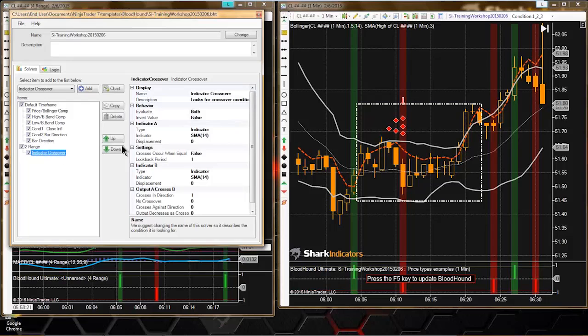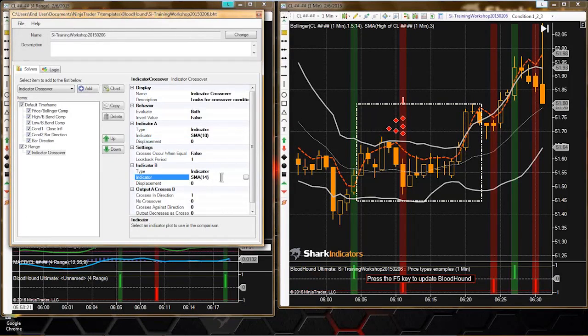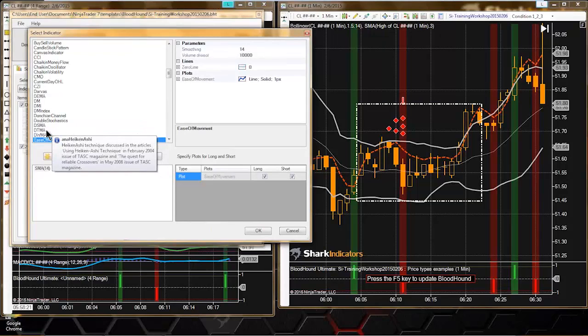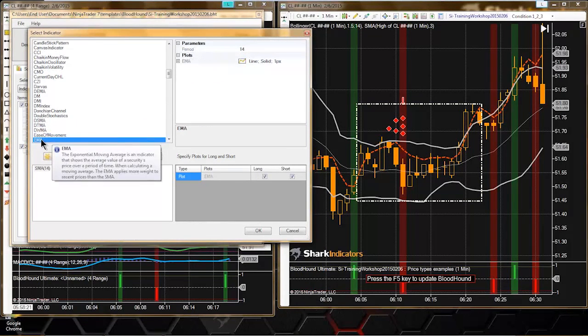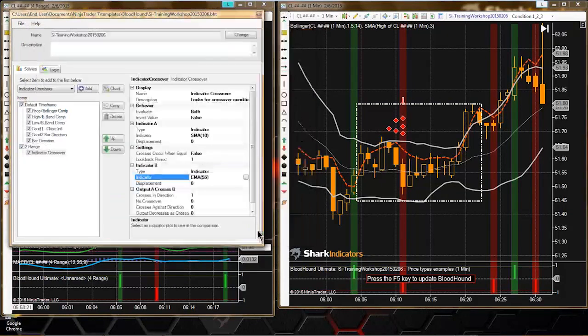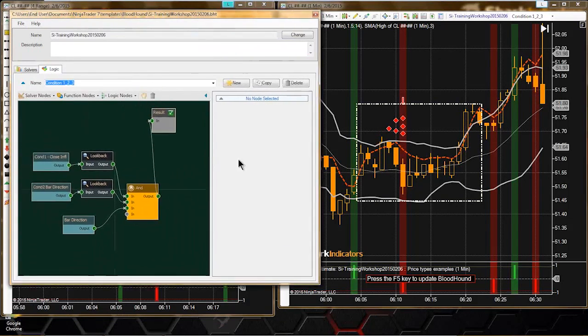First let me build my crossover, which is on the 4 range chart here. I'm building the same crossover system, the SMA 10 and the EMA 55 crossover. And let me make a new logic template.